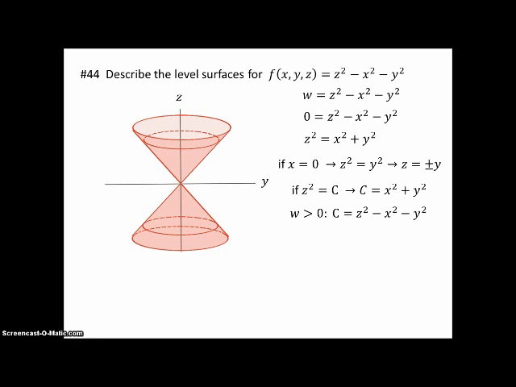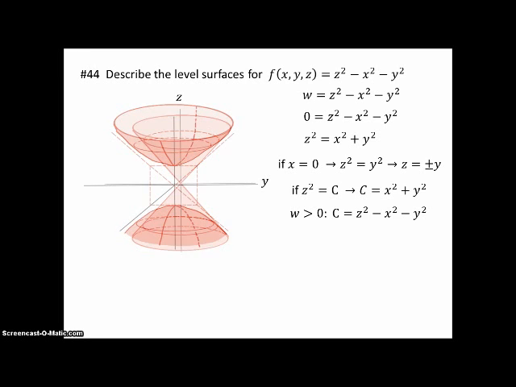Now, if w is greater than 0, then we get c equals z squared minus x squared minus y squared. And if you look at your handy-dandy reference sheet, that would be a hyperboloid of 2 sheets around the z-axis.